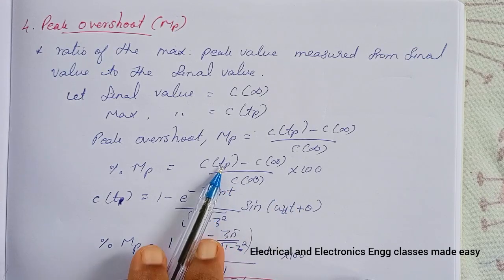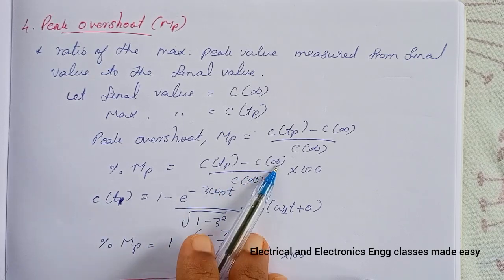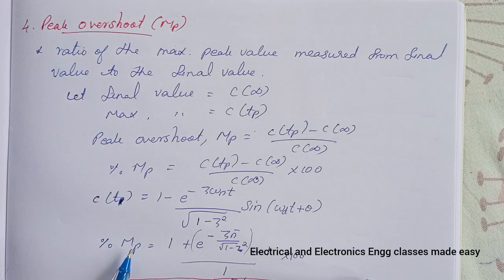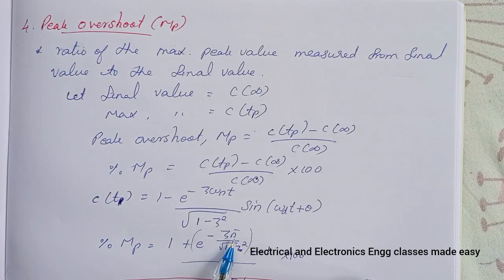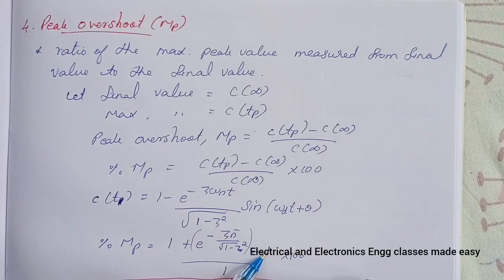After finding C of Tp and C of infinity and solving, we get C of Tp as e raised to minus zeta pi divided by root of 1 minus zeta square, and C of infinity as 1.